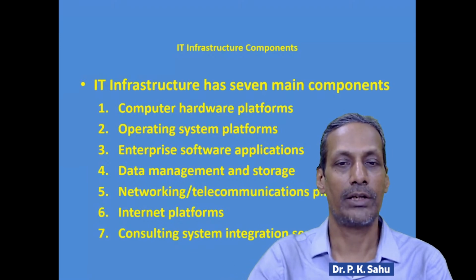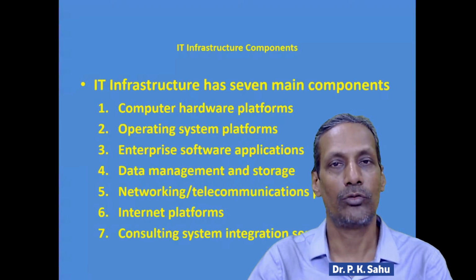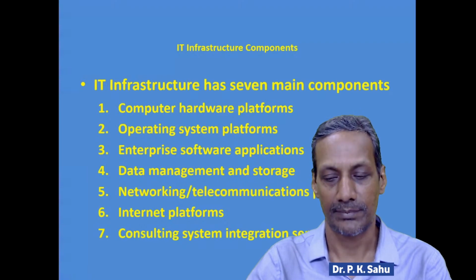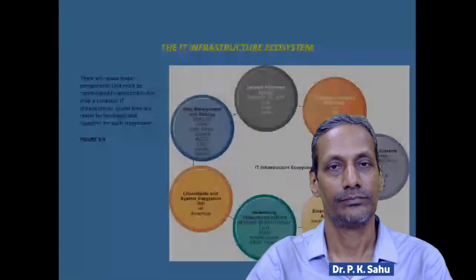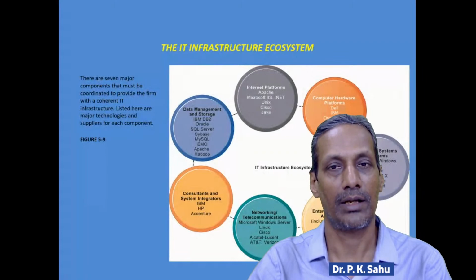Then you also look into the networking and telecommunication platforms, the internet platforms. Then you also need to take care of the consulting and system integration services. The IT infrastructure ecosystem is made up of these 7 components.